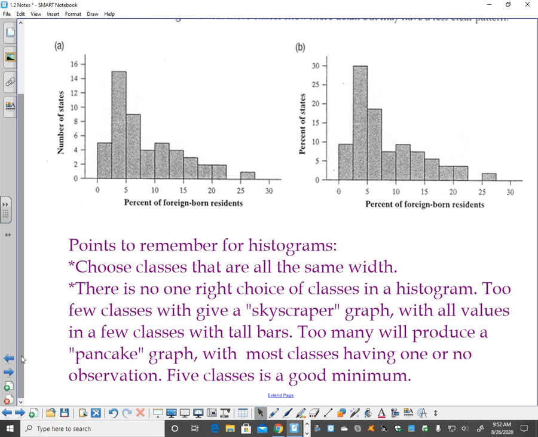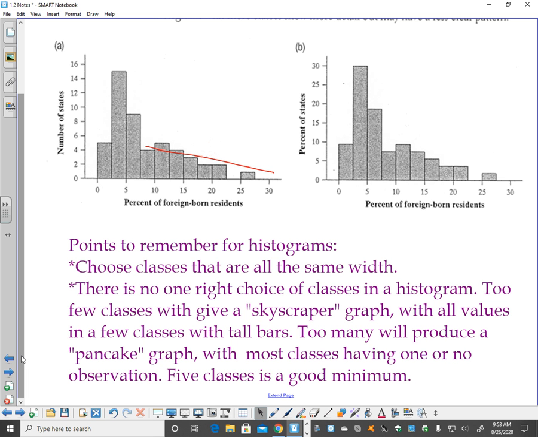There's going to be too much data in each class. All the values in a few classes with very tall bars. But too many classes will pancake it out, so you don't have enough data. You see how this is very pancakey.